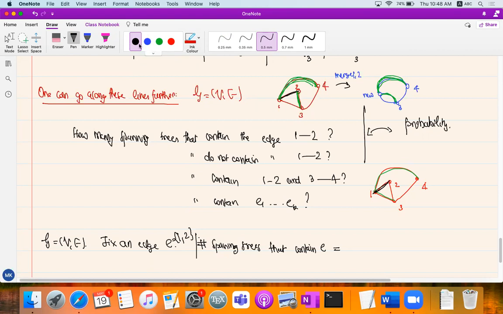If I do this merging, what happens to that? I again have this graph with the merged vertex, the new vertex, and 3 is here and 4 is here. What happens to the spanning tree? That 1, 4 goes to this edge, and 1, 3 becomes this edge.